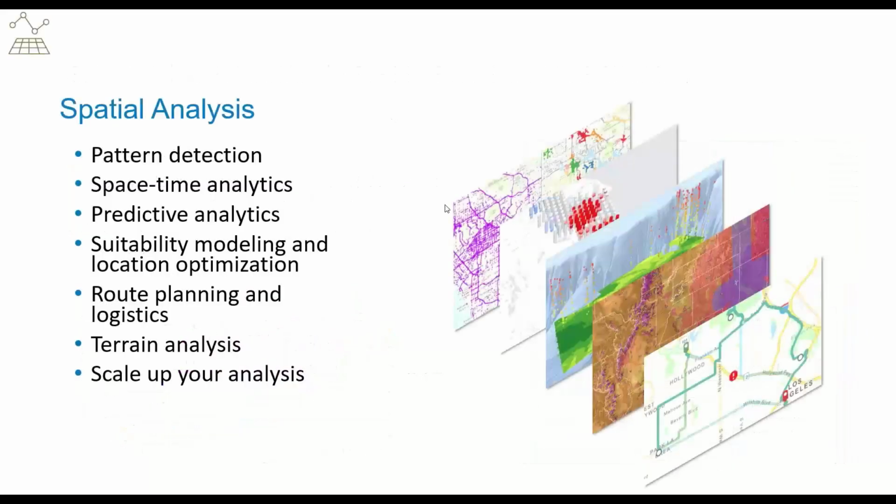So this is some of the general data visualization technology that I'll show you in a minute. But once you've explored your data, you've visualized your data, now you can do some spatial analysis, right? You can use some of these heavy-duty geoprocessing tools to get additional insights.